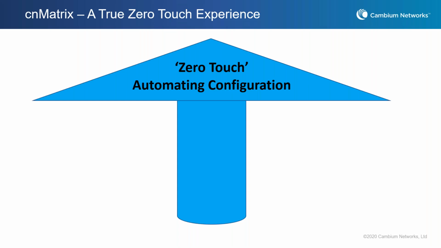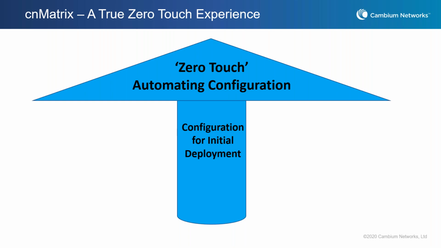First, let's talk about the term zero touch. So zero touch means 10 different things to 10 different people. Let me give you my definition of zero touch. So an overall high-level summary, zero touch equates to automating the configuration that is otherwise necessary. So let's take an example.